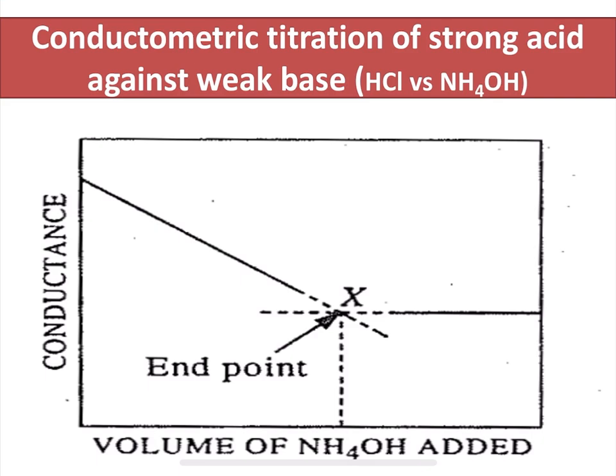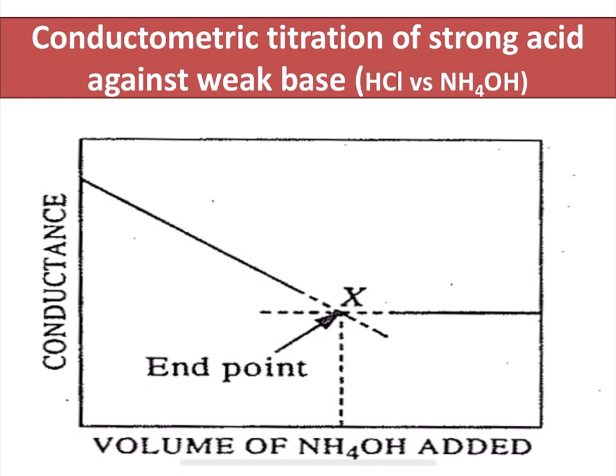When hydrochloric acid is titrated with ammonium hydroxide, the ammonium gets replaced with chloride ions and water is eliminated. HCl plus NH4OH gives NH4Cl plus H2O.